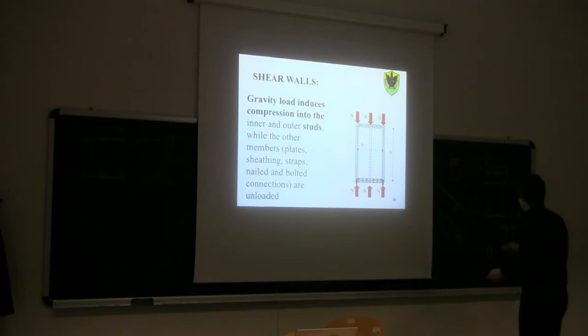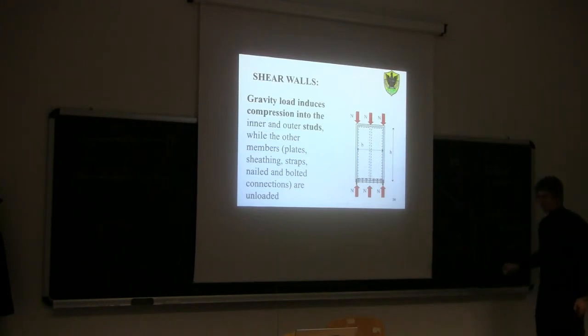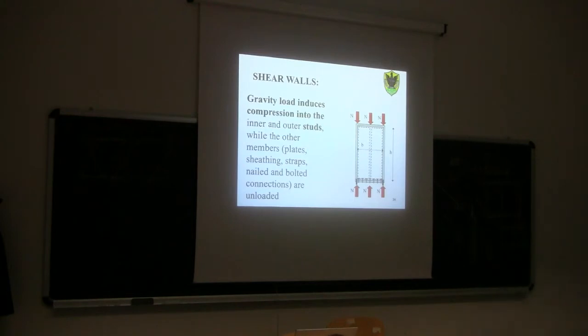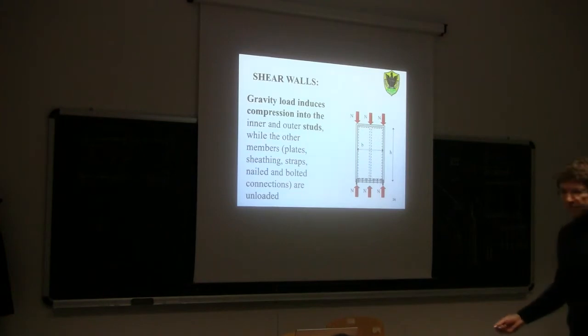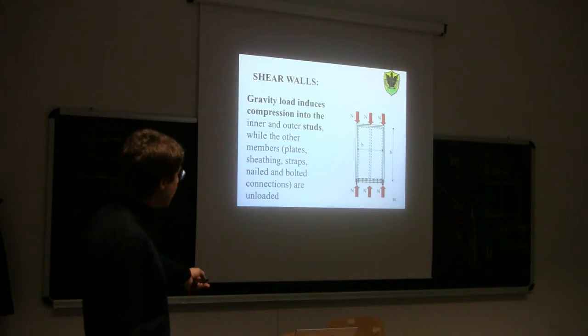In a longitudinal cross section, you have something like this: a stud, plate, and sheathing. If I apply a load here, do you expect a significant part of this load to go here? No. There may be some stresses, but they are minimal. So we don't need to check anything, nails or sheathing, for vertical loads.